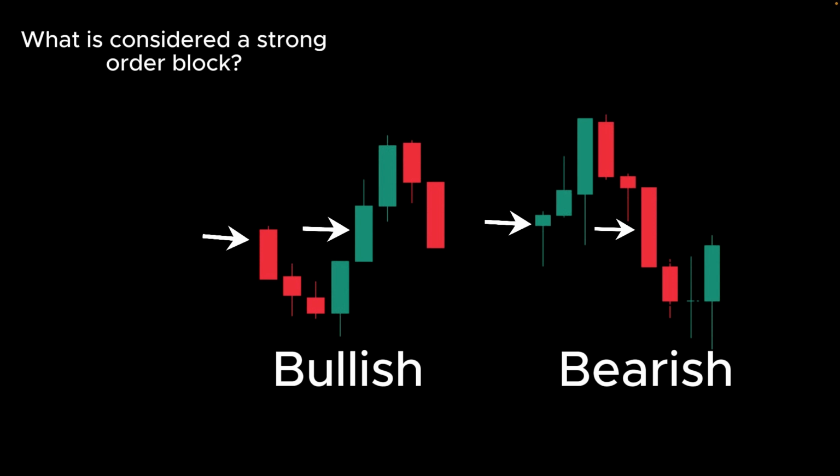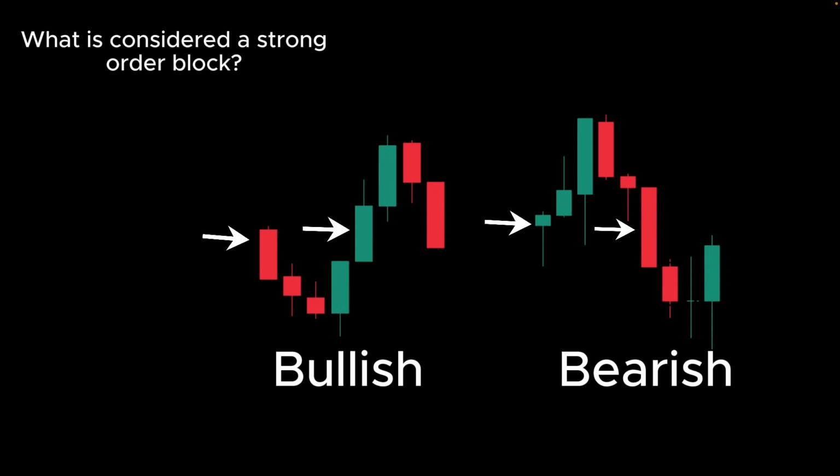So this episode will be able to plug in directly with the previous one, and it's not too hard to remember. Of course, there are multiple things that make an order block a high probability, strong order block.